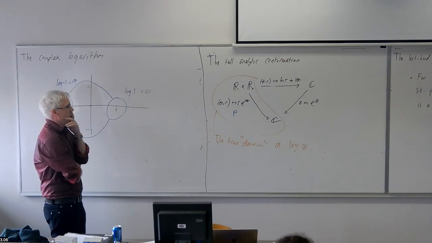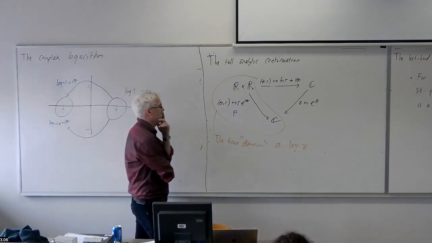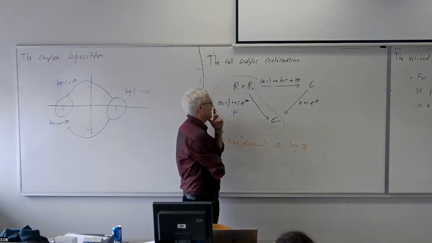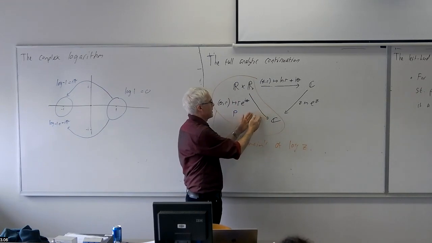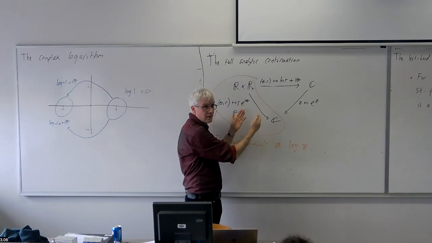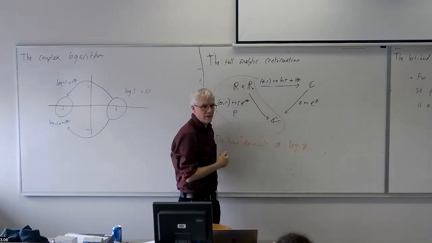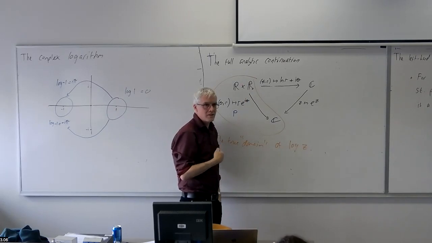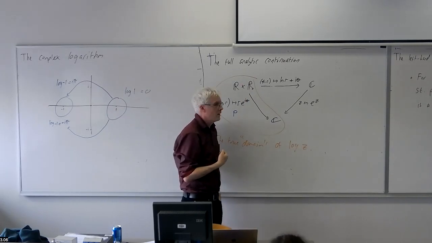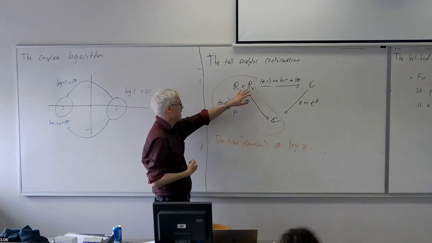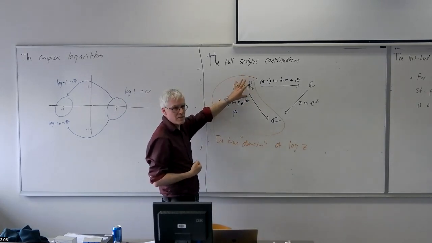Now, in the notes, I did this by elaborating from this picture to an arbitrary holomorphic function, not just the complex logarithm function. For any such arbitrary function, one can find a Riemann surface, which is the domain of its analytic continuation.